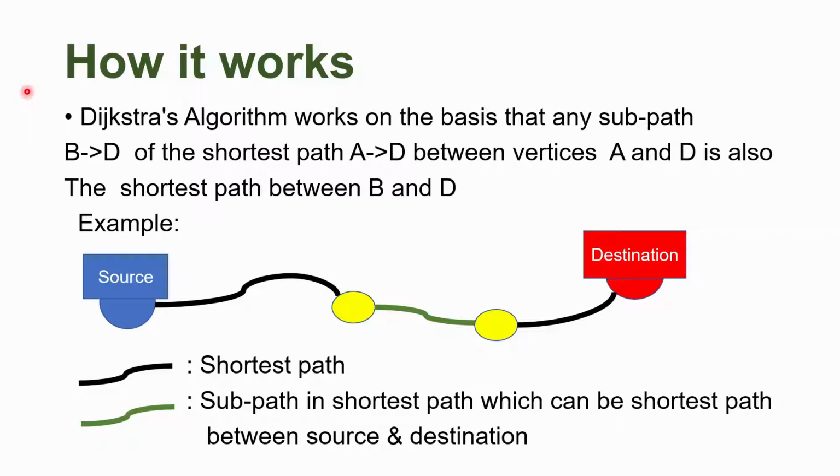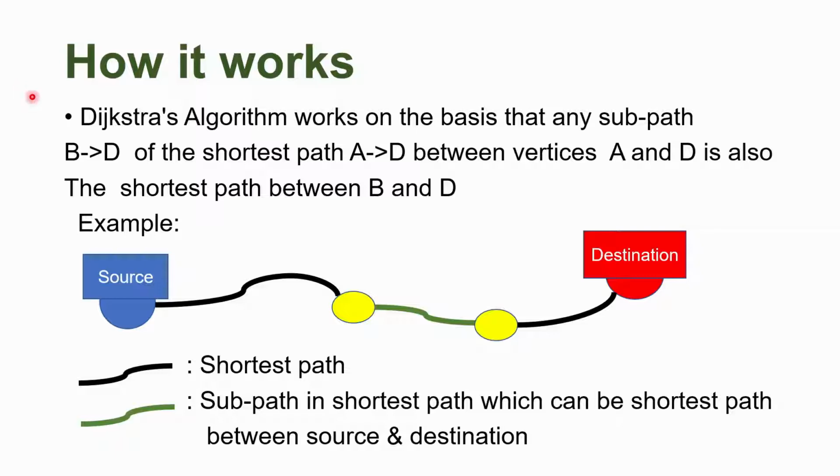Dijkstra's algorithm works on the basis that any subpath B to D of the shortest path A to D between vertices A and D is also the shortest path between B and D. Watch what it actually states.